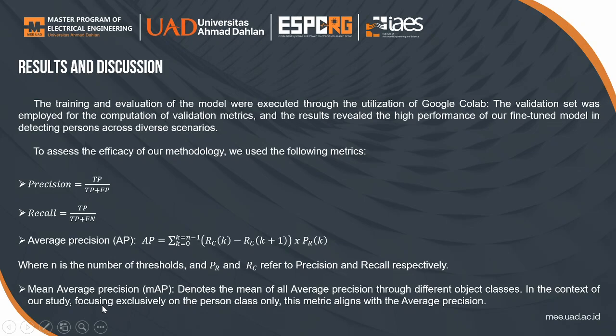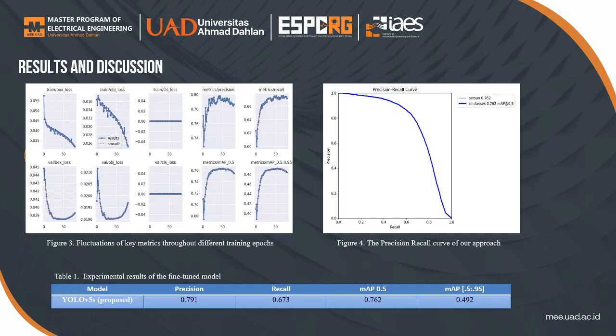Then we also have the mean average precision, or mAP, which denotes the mean of all average precisions across different object classes. In the context of our study, focusing exclusively on the person class, this metric aligns with the average precision.